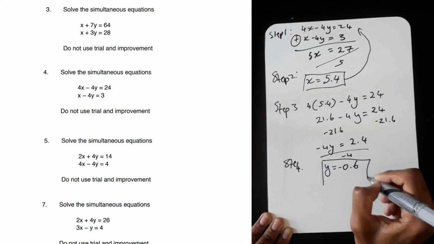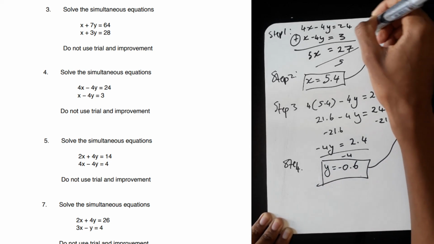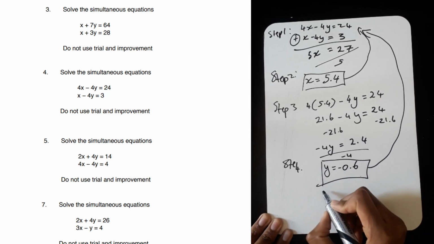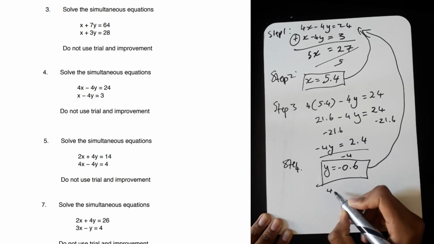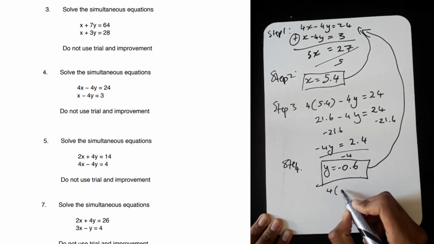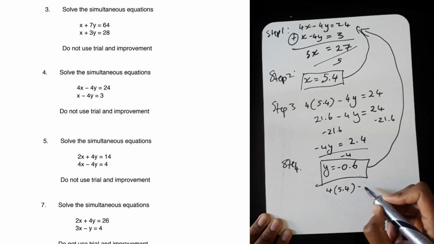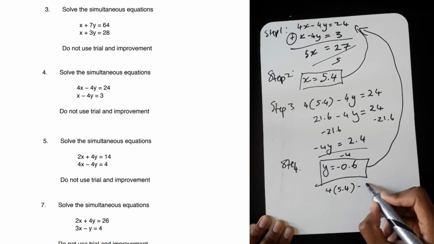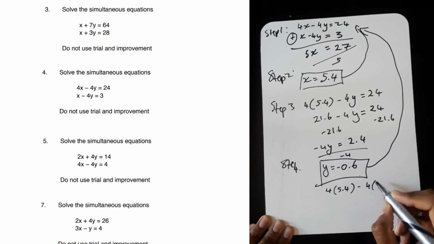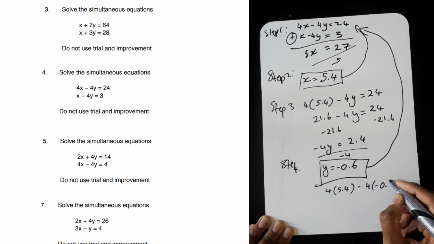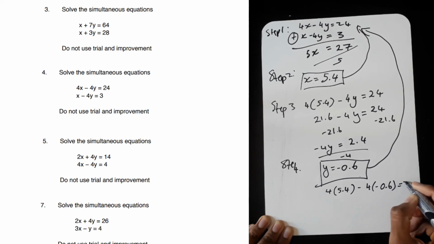So we take this and plug it back up in there. So it's going to be 4 open brackets 5.4 minus 4 open brackets negative 0.6 equals 24.